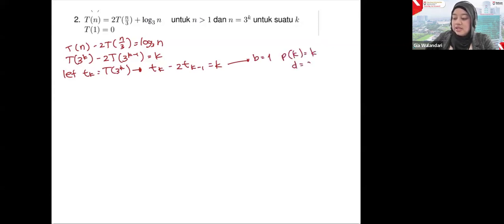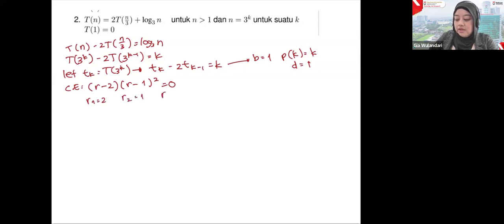So d is equal to 1. So here we have characteristic equation as r minus 2 from the left hand side, r minus 1 over 2 from the right hand side. So we will have 2, 1, and 1 as the solution for r.